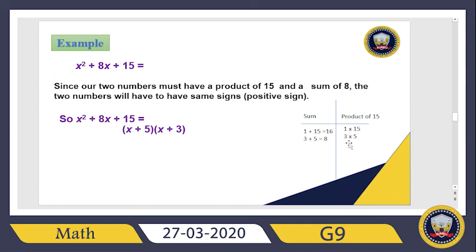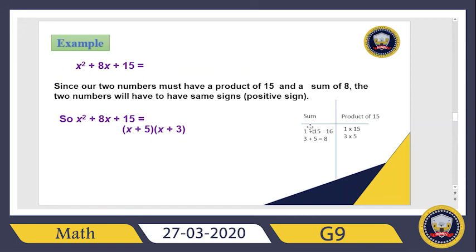So there are 2 pairs, 1 times 15 and 3 times 5. In the other column of the table, I will write the sum of each 2 factors. 1 plus 15 is 16, 3 plus 5 is 8. Okay, I did my mission.